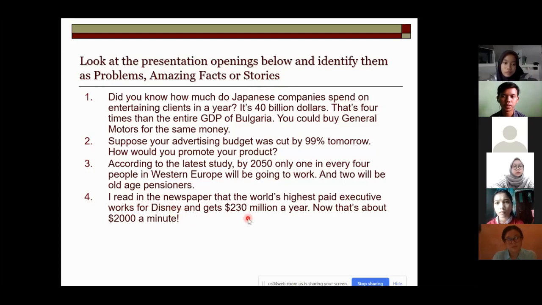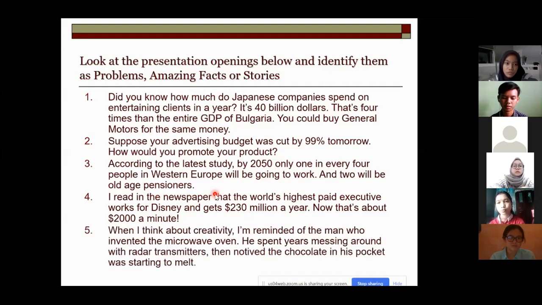If it is a story, it will relate to personal stories, to personal experience, and this sentence does not relate to personal experience. So it is an amazing fact about numbers, right? Newspaper, okay? These are keywords of an amazing fact. What about number 5?